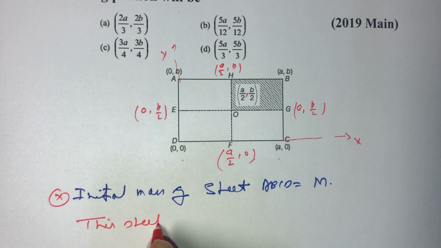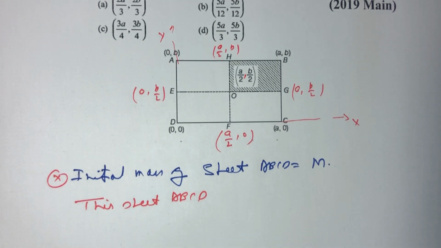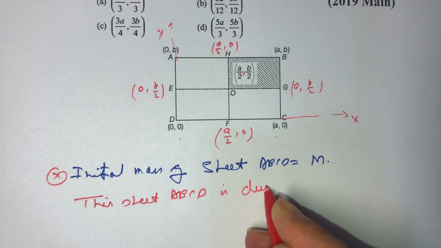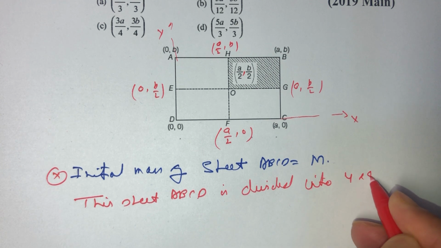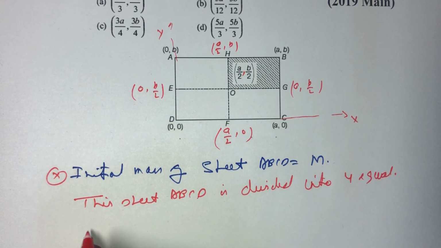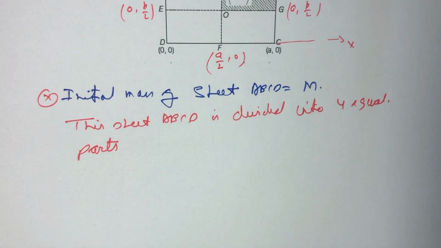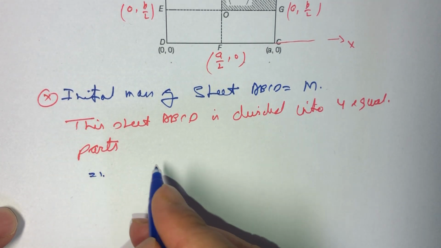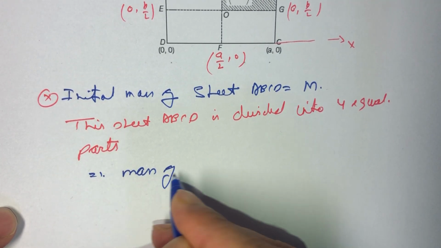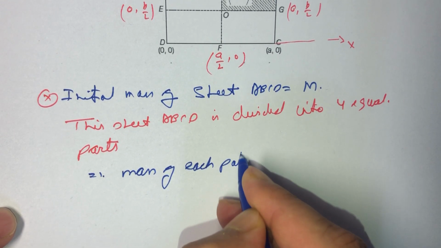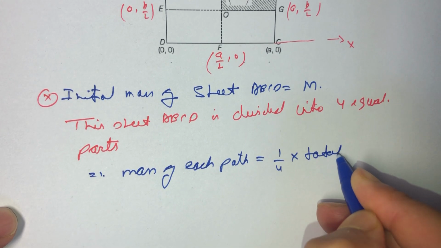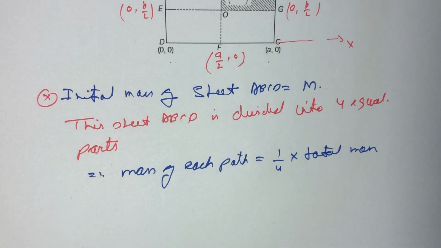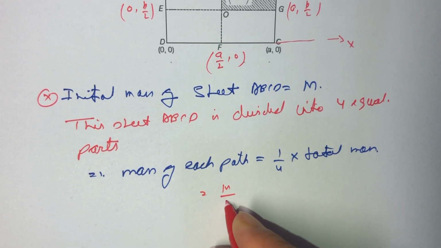This sheet ABCD is divided into 4 equal parts, so the mass of each part will be equal to 1 by 4 multiplied by total mass, which comes to M by 4.